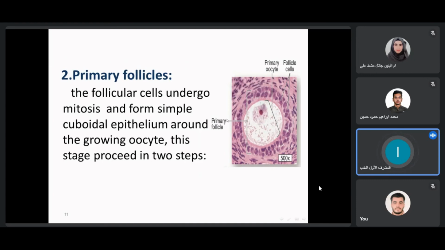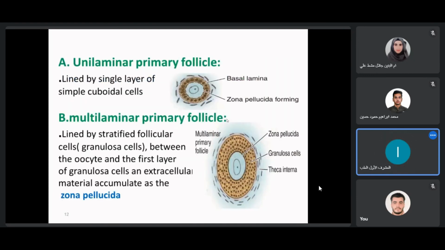This stage, the primary follicle, is divided into two steps or two stages. The first is called the unilaminar primary follicle, and the second is the multilaminar primary follicle. Unilaminar means single layer and refers to the layering of the follicular cells, and multilaminar means multiple layers of follicular cells.